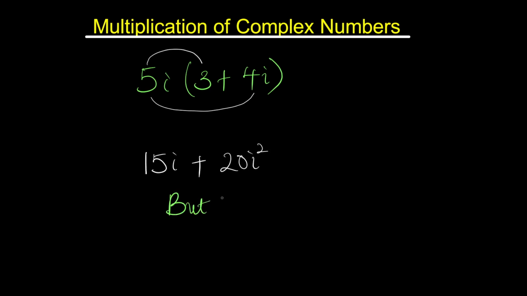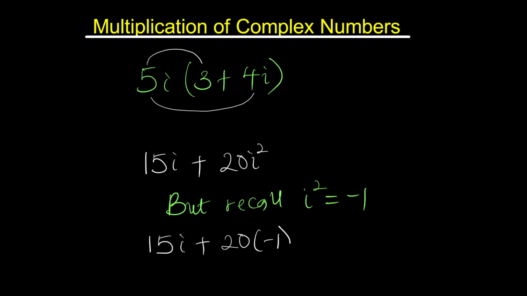But recall that i squared is equal to negative 1. Hence, we are going to have 15i plus 20 times minus 1, and this is going to yield minus 20 plus 15i.